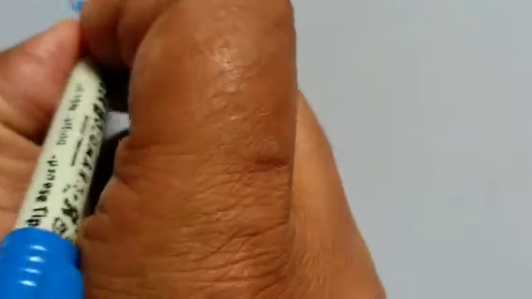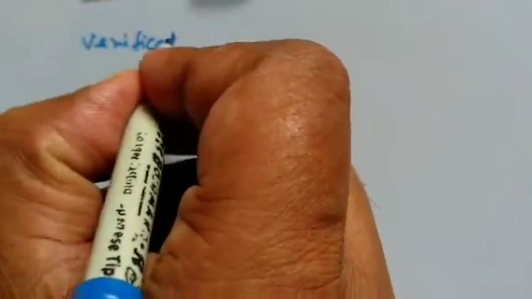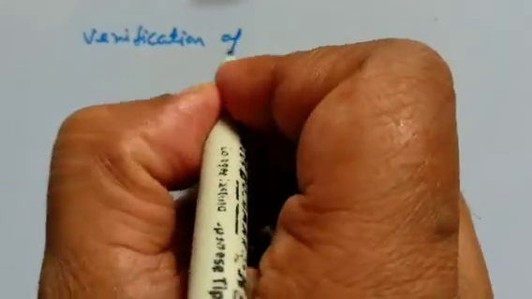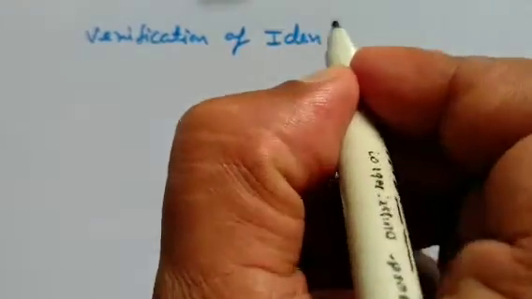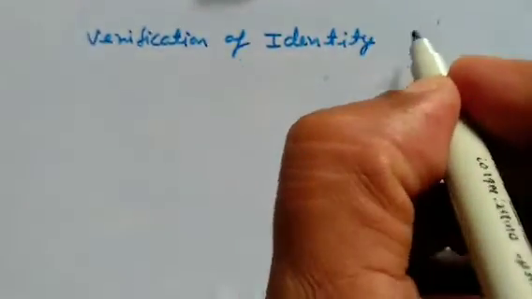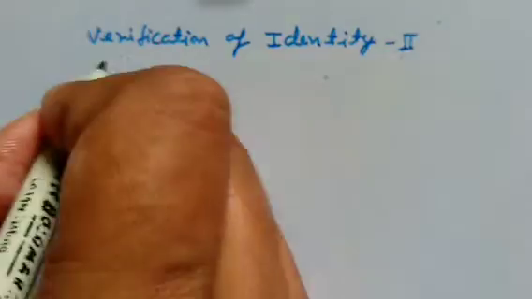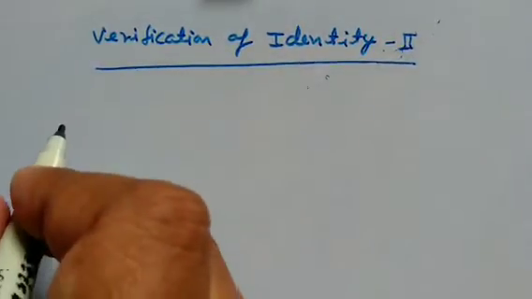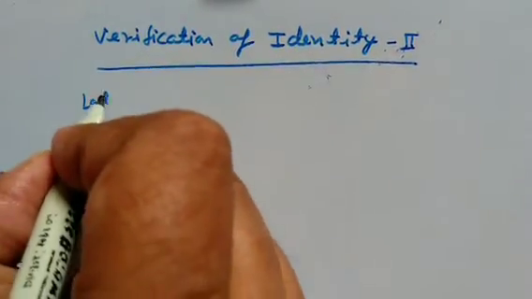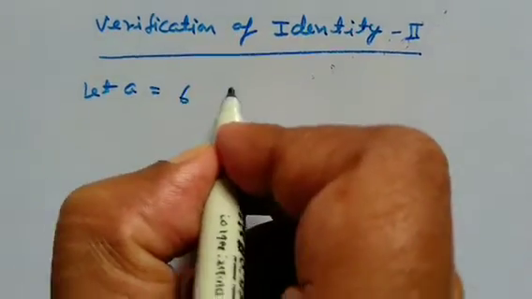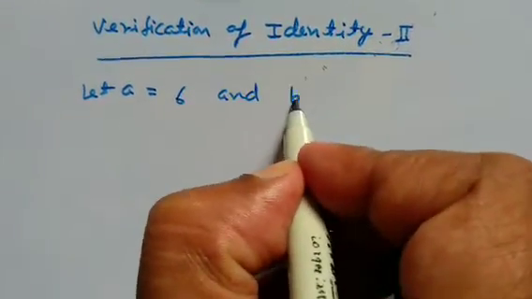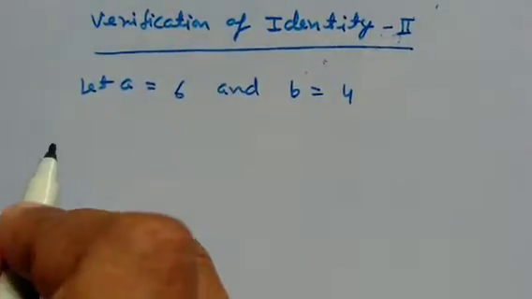Now verify identity 2. Verification of identity 2. Let a is equal to 6 and b is equal to 4.